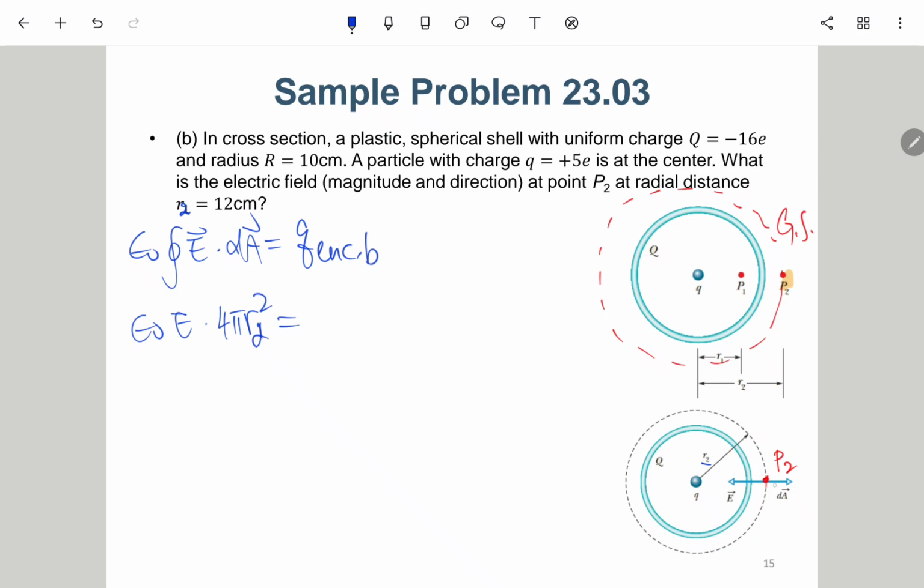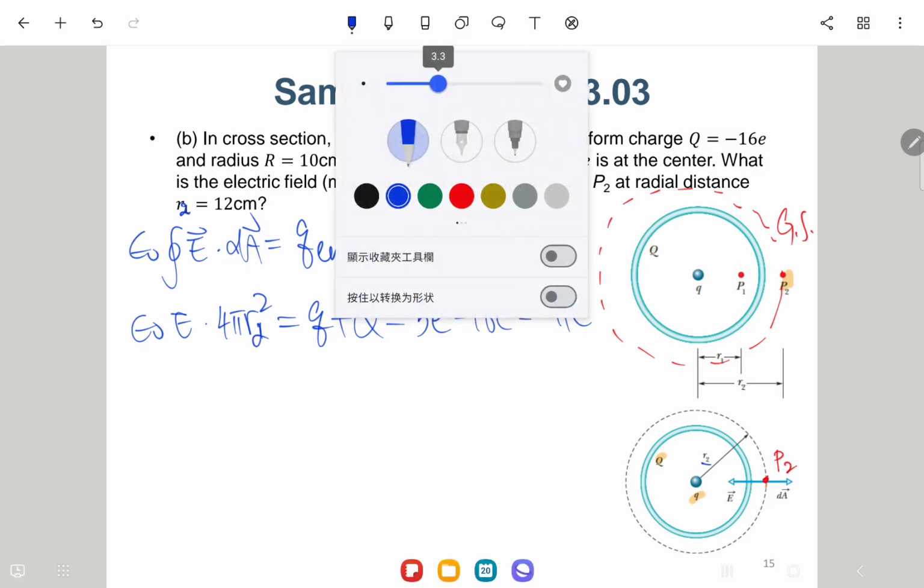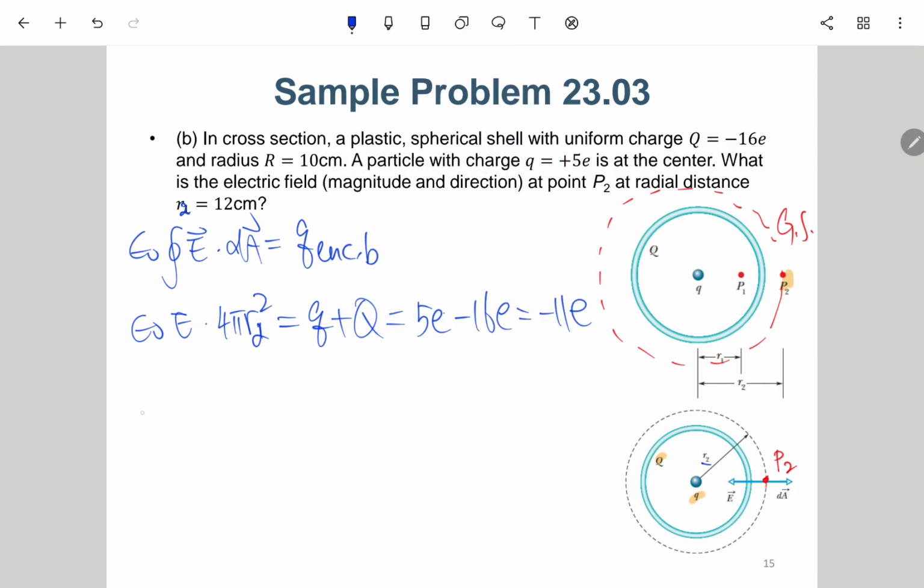And for the Q enclosed, we actually have both small q and big Q, so this is q plus big Q, which is 5e minus 16e, which is negative 11e. So finally we have E to be 1 over 4 pi epsilon naught, and then negative 11e over R2 square.